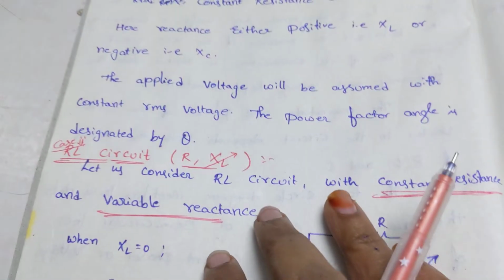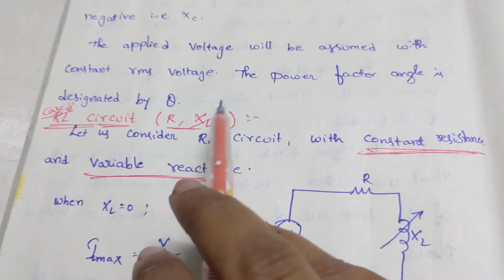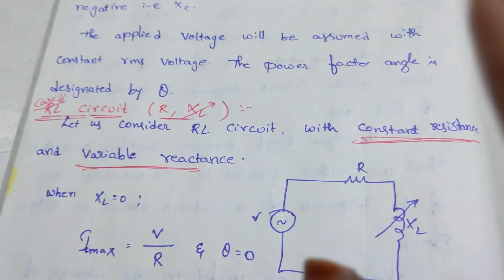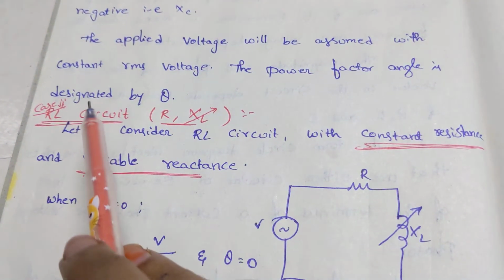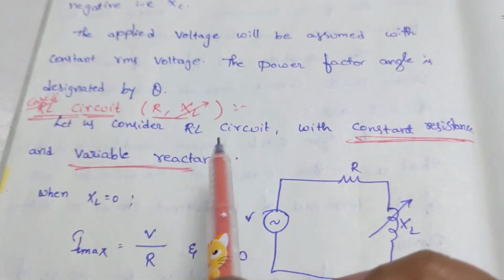Now I am considering case number 2, with constant resistance and variable reactance. I am considering an RL circuit where the reactance is the inductive reactance.